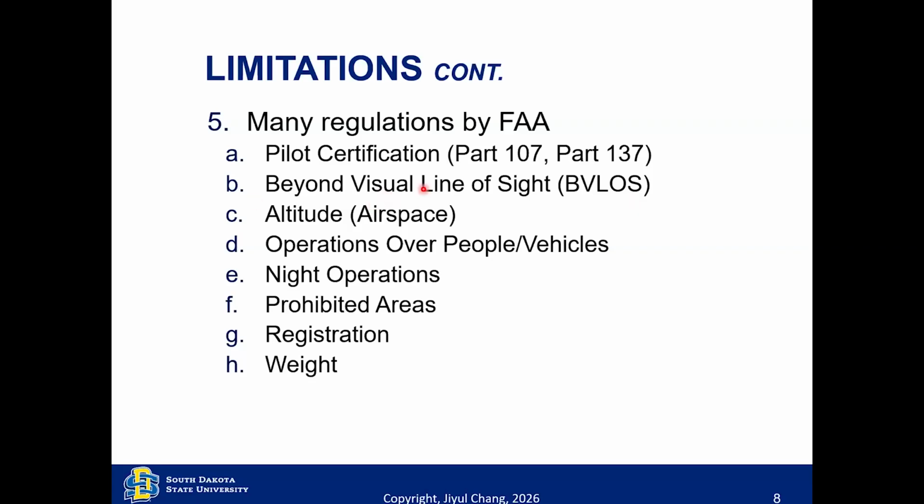That means the pilot should see the drone all the time. If the drone is out of the pilot's sight, it is illegal. Altitude and airspace restrictions are also big, because the drone must not conflict with real airplane airspace, which is really dangerous.